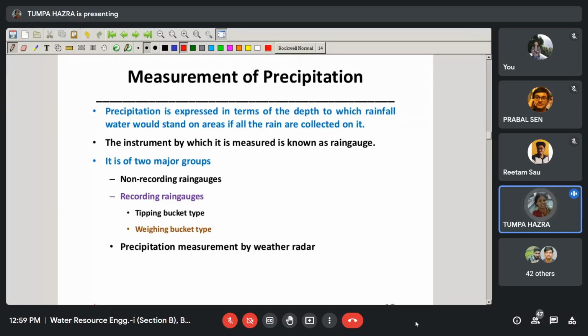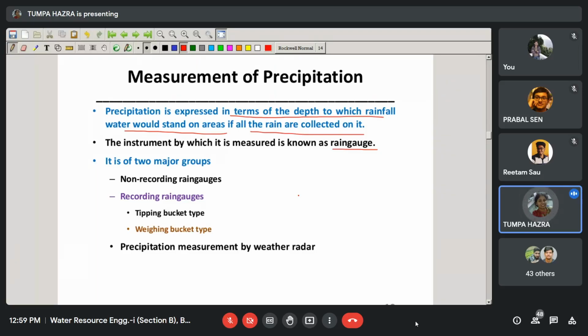So therefore, precipitation is also expressed in terms of the depth to which the water would stand on areas if the rain are collected on it, and the instrument by which it is measured is known as rain gauge.